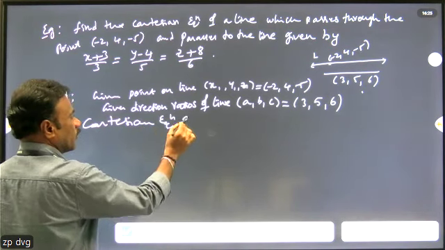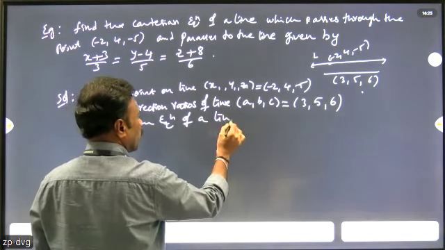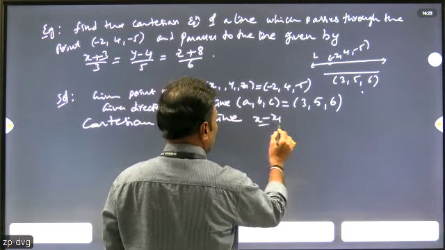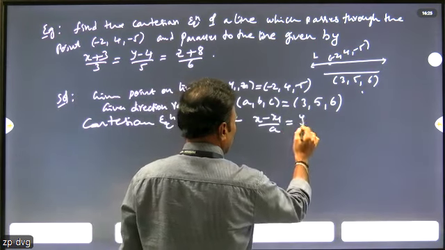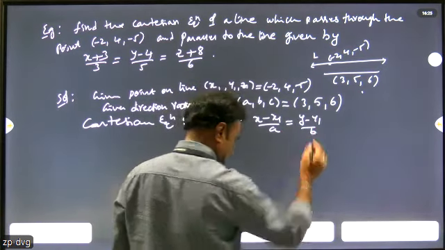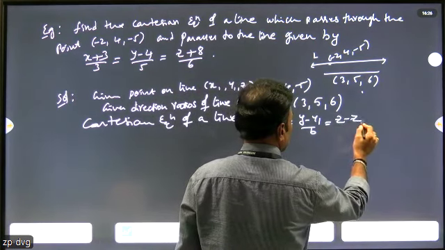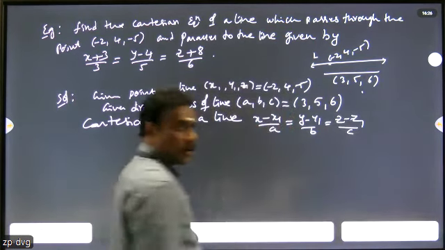What is the Cartesian equation of a line? It is (x - x1)/a = (y - y1)/b = (z - z1)/c.